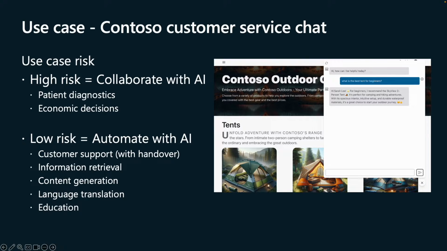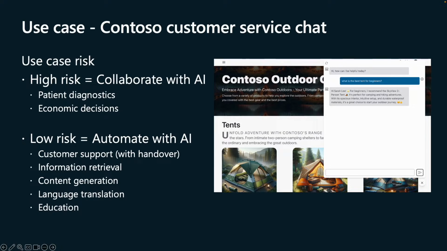You do not want a patient coming in, going through this AI and all this magic that you're putting in place, and then suddenly being told this is what the diagnosis is. So typically you want to collaborate with a specialist. The same thing applies if you're making high economic impact decisions. Again, you would want to collaborate with a specialist, and provide them the tools and information they want.